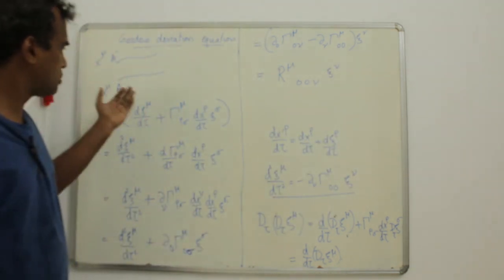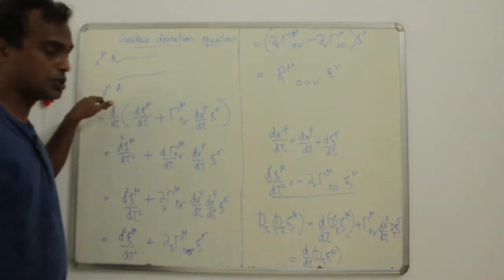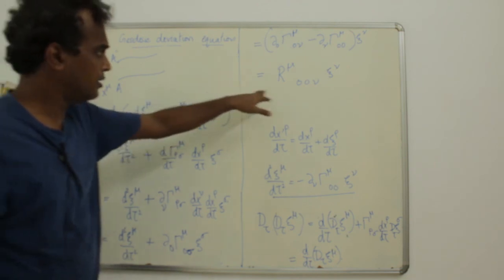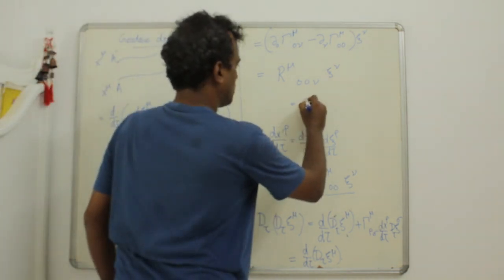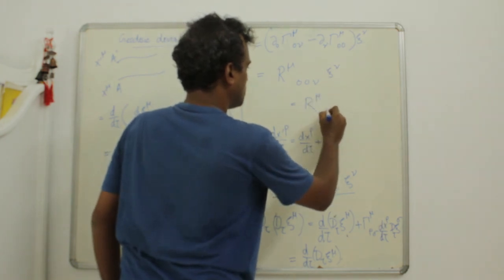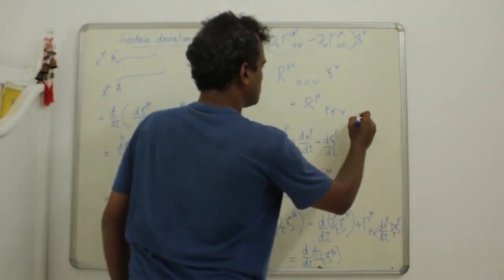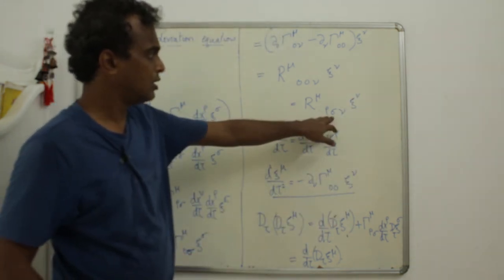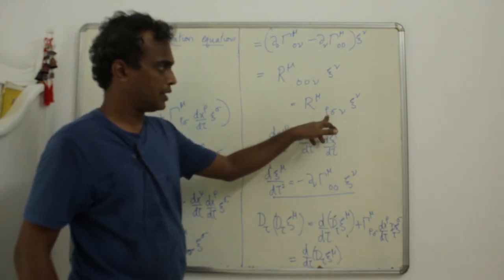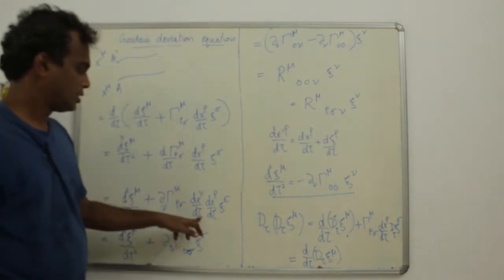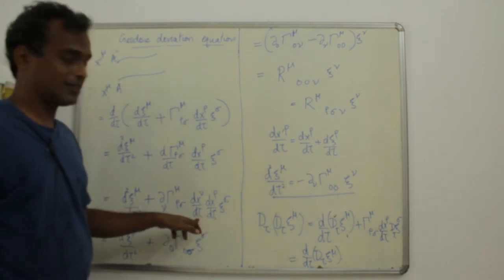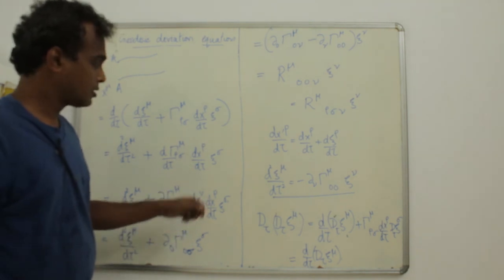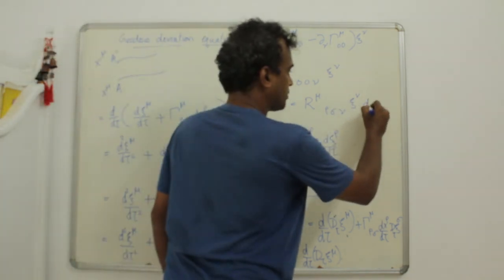Now, if we had not chosen such a special set of coordinates and worked in arbitrary coordinates, then the same expression would have had the form R mu rho sigma nu times psi nu. But now I must take into account the fact that dx rho by d tau and dx sigma by d tau, for which we made use of the fact that they were Kronecker deltas, would now explicitly appear in the expression.